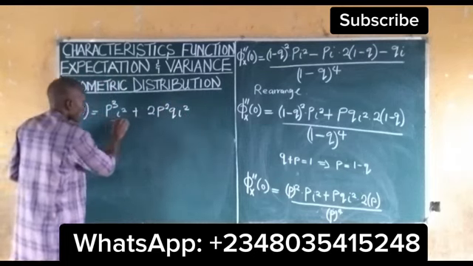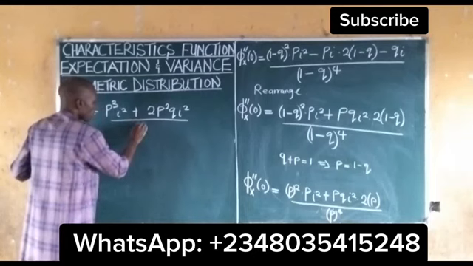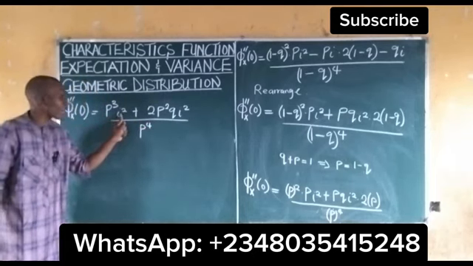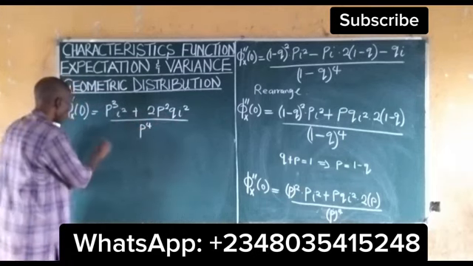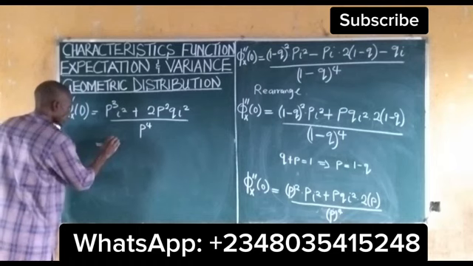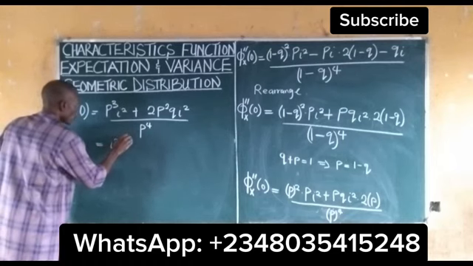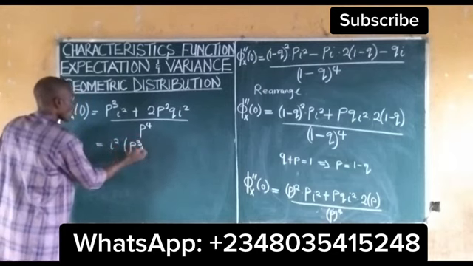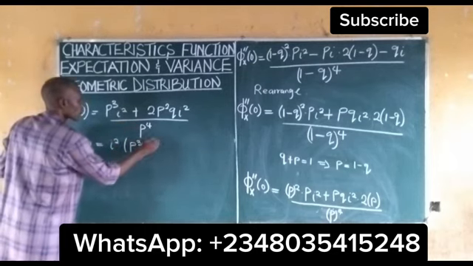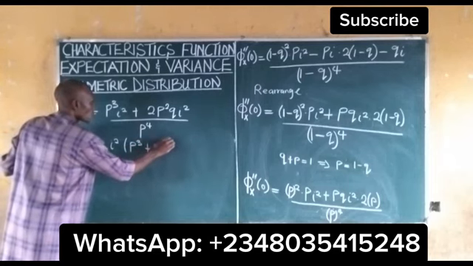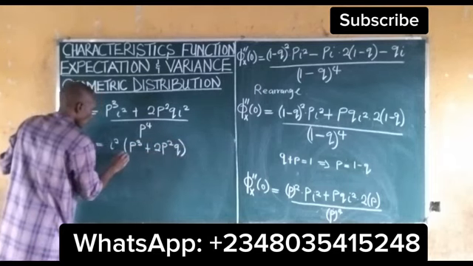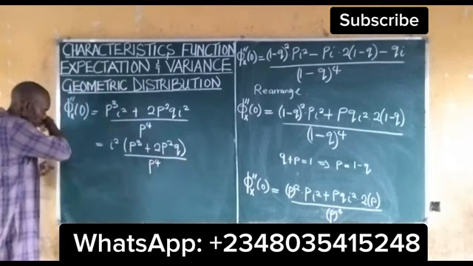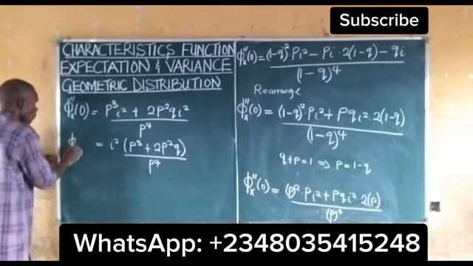So this is what we have all over p to the power of 4. Of course, we have something similar here, i squared and i squared. So we bring it out to give us i squared into p cubed plus 2p squared q all over p to the power of 4.